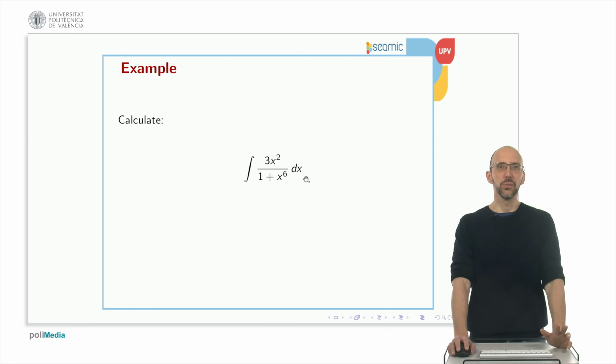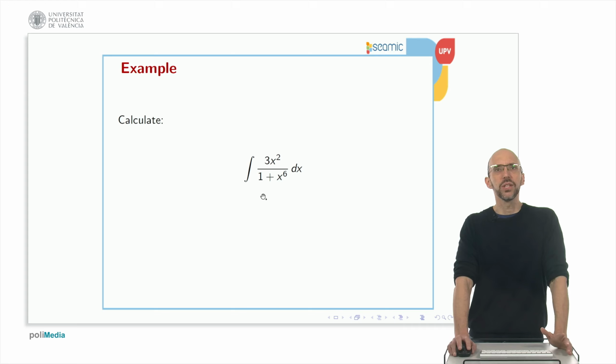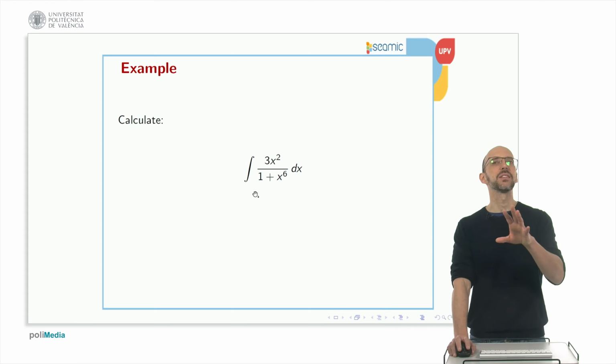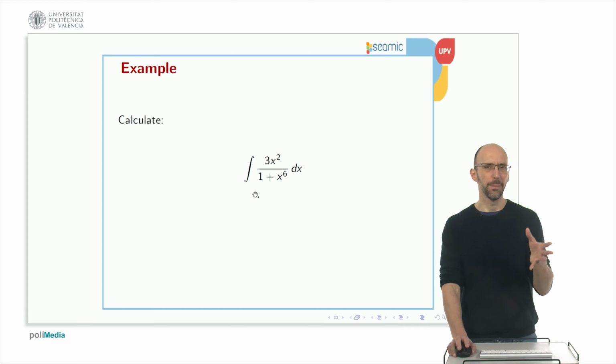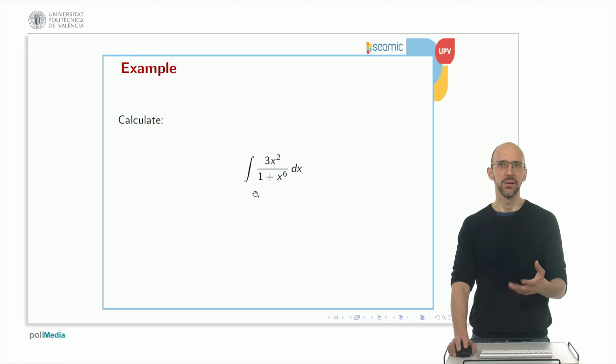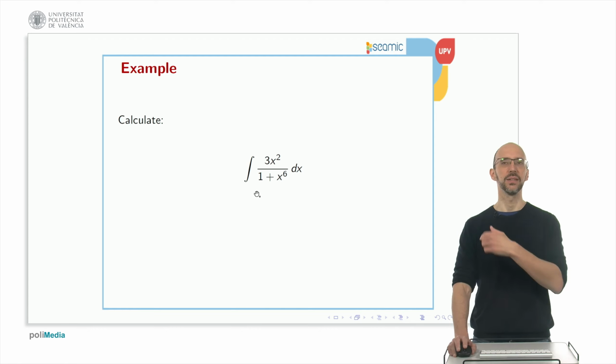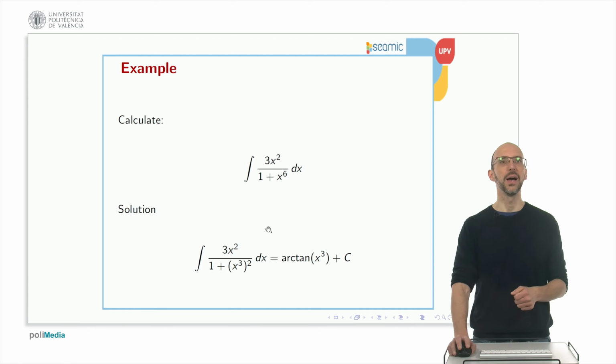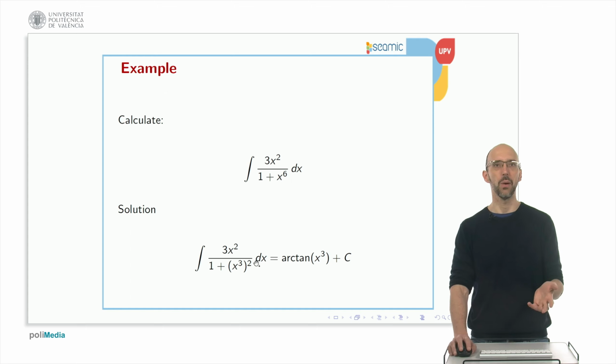Another example, that one, 3x squared over 1 plus x to the 6th power. Okay. I see a quotient. 1 plus something to a power reminds me of this inverse tangent integral. So what happens if I write the expression like this? What if I don't write x to the 6th power, but I write (x cubed) squared?